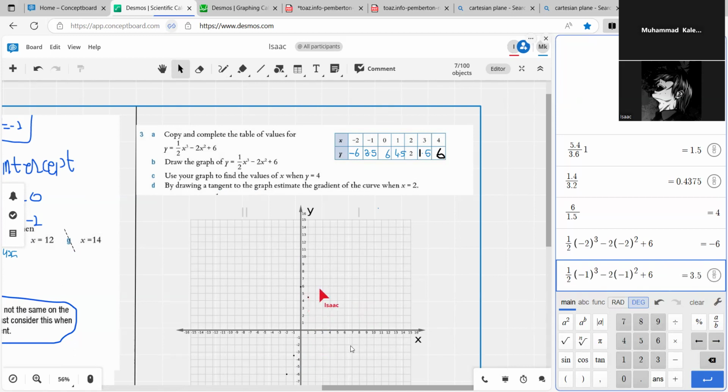You made a mistake with the second point. The second point that you marked is positive 3.5, and you are marking negative 3.5.